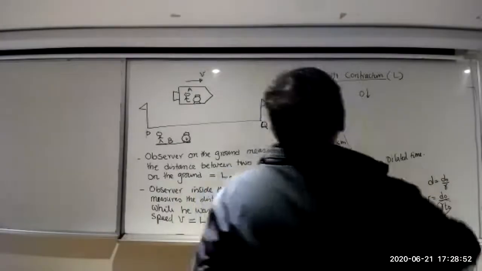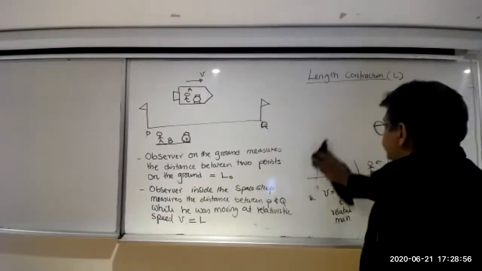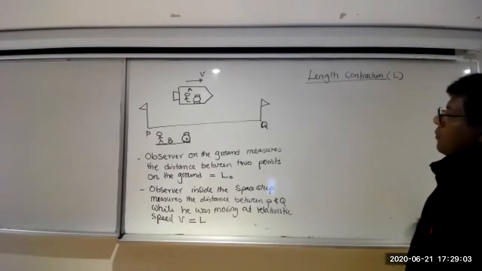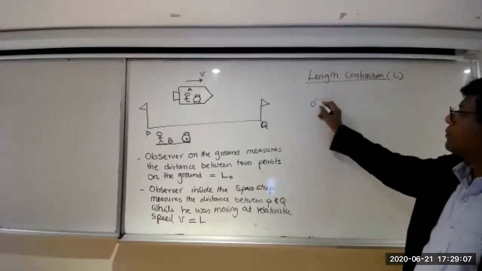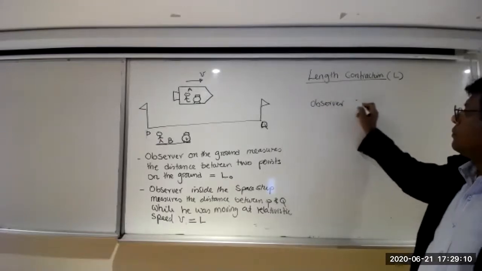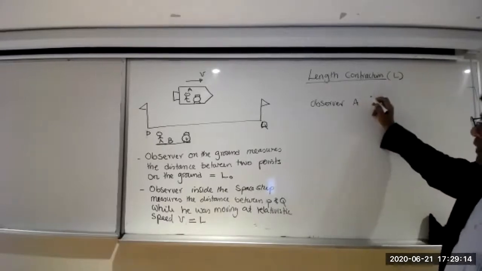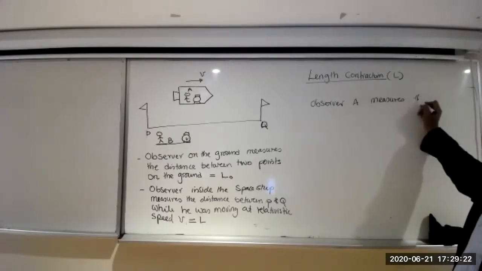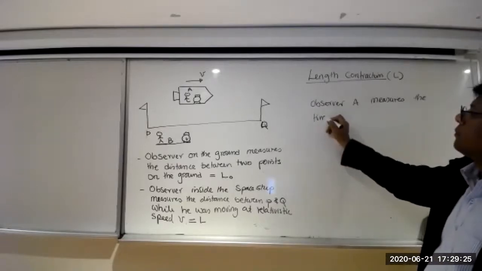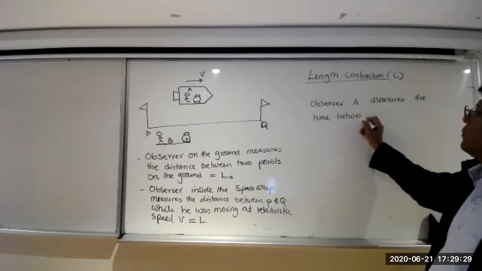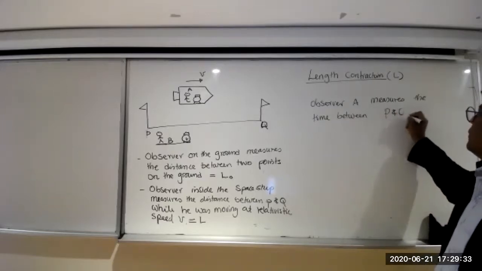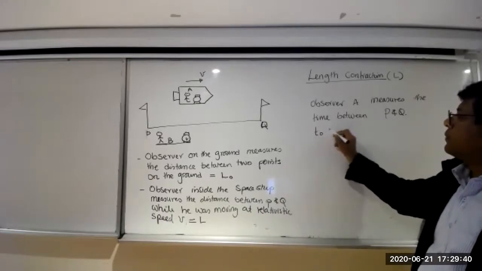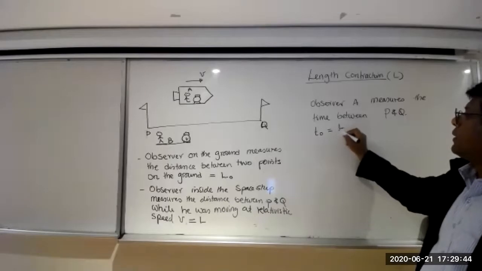Now both people are timing. Observer A measures the time to travel between P and Q. So he says that the time between P and Q is equal to distance L divided by speed.